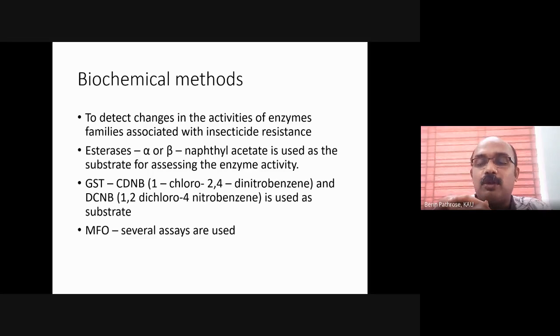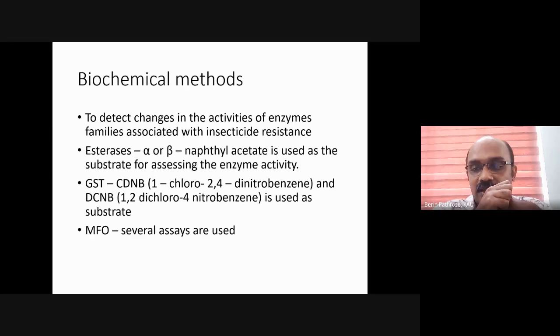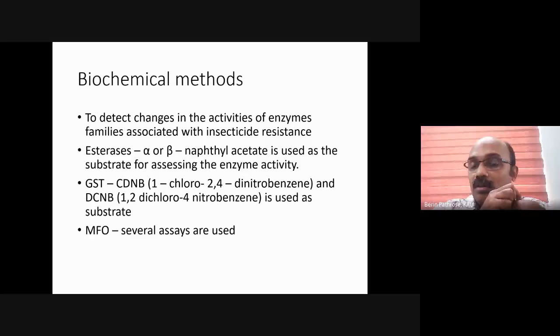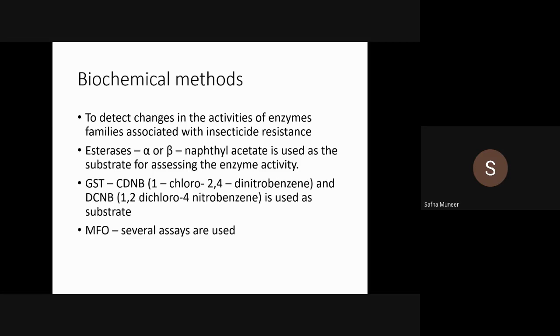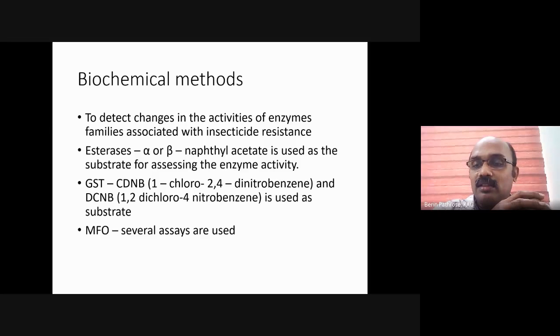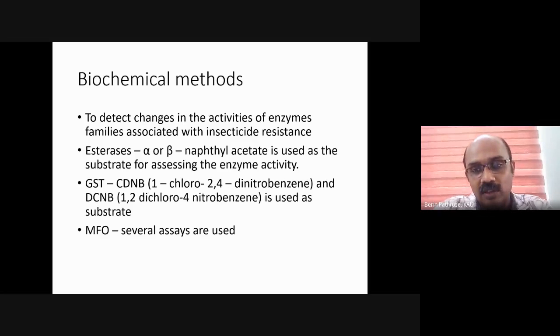If you want to measure protein content in, say, a particular insect, have you heard about Lowry's method? No. Anyway, if you have time for practicals, we will do all those things over here.